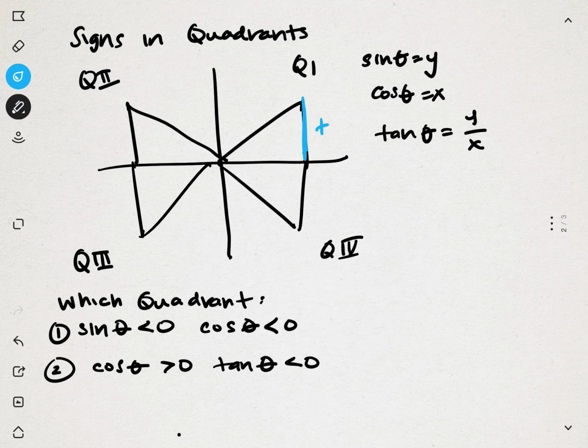We know it's positive for our y because it's above the x-axis. Now in quadrant 1, this side here is also positive. It's to the right-hand side of the origin. So we know the x is also positive. Remember, the bottom is the x, and the side is the y.